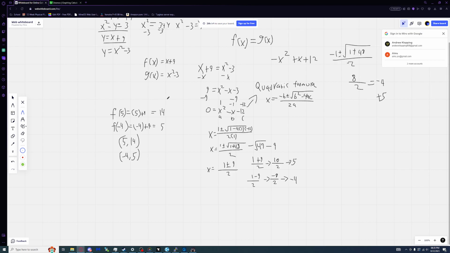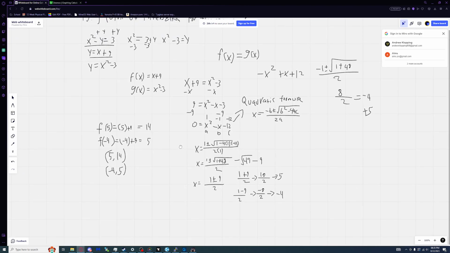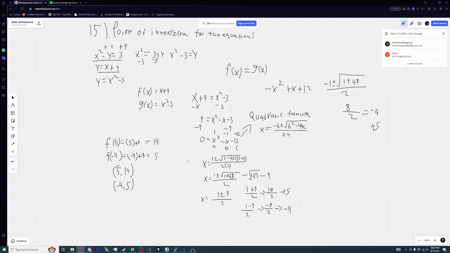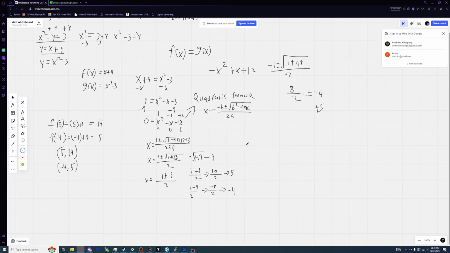You have to find when they equal each other, which is when they both equal 0. Weird.